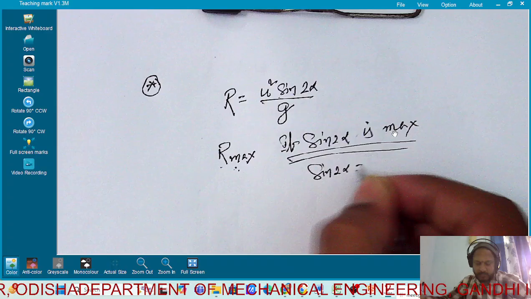What is the time of flight? 2u sine alpha by g. What is T dash? T dash means the time taken to reach the maximum height, so u sine alpha by g.